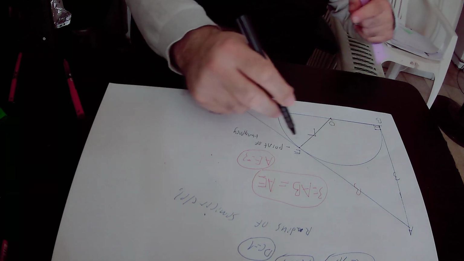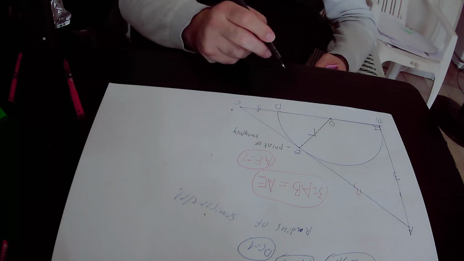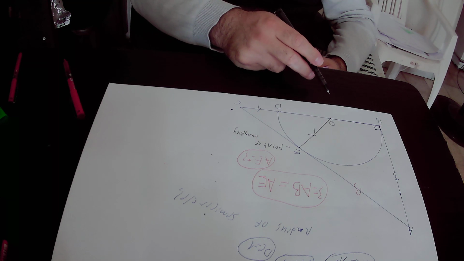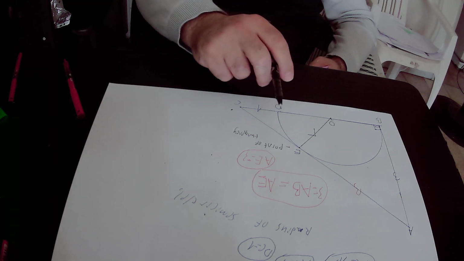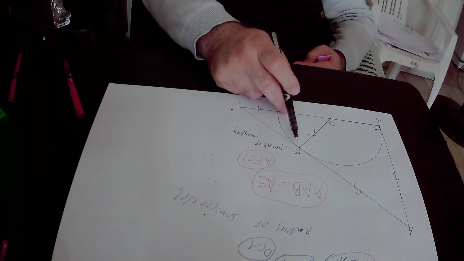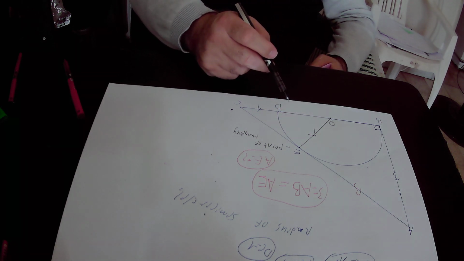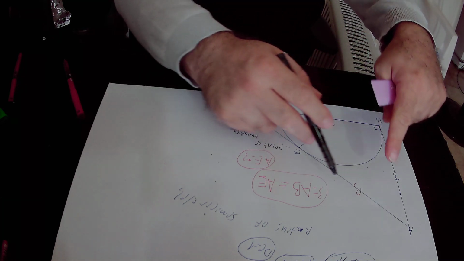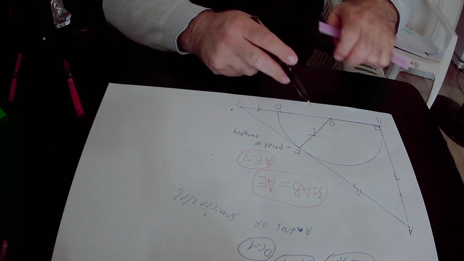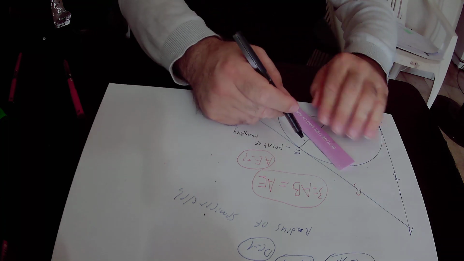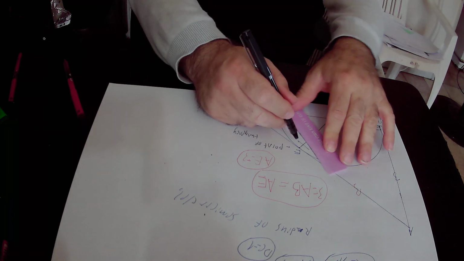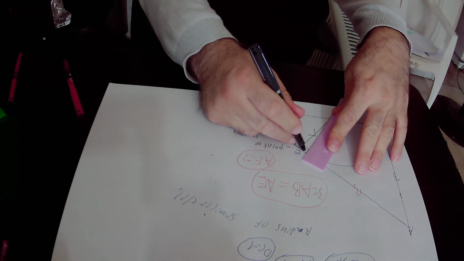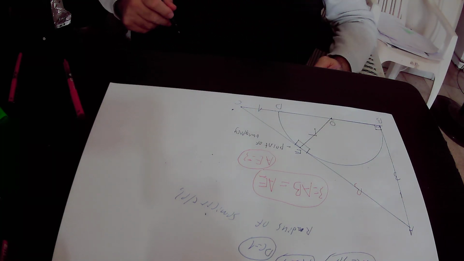Therefore, according to rule number 2, the tangent AC will be perpendicular to this radius, that is to say, this angle will be equal to 90 degrees, and this angle will also be equal to 90 degrees according to rule number 2.